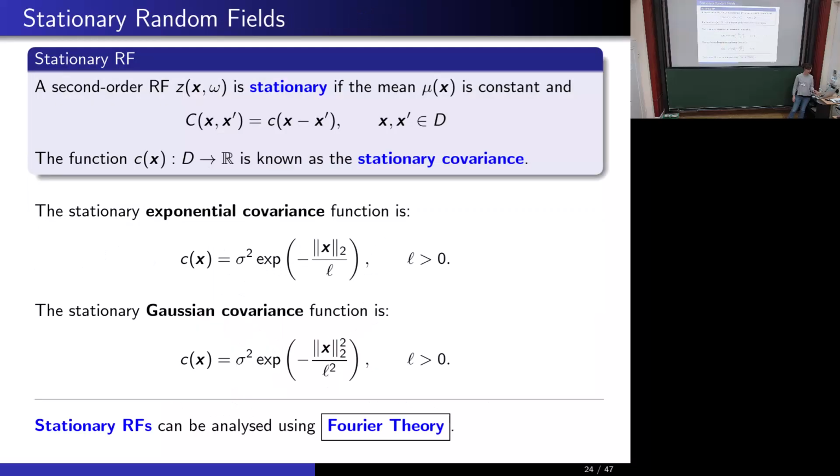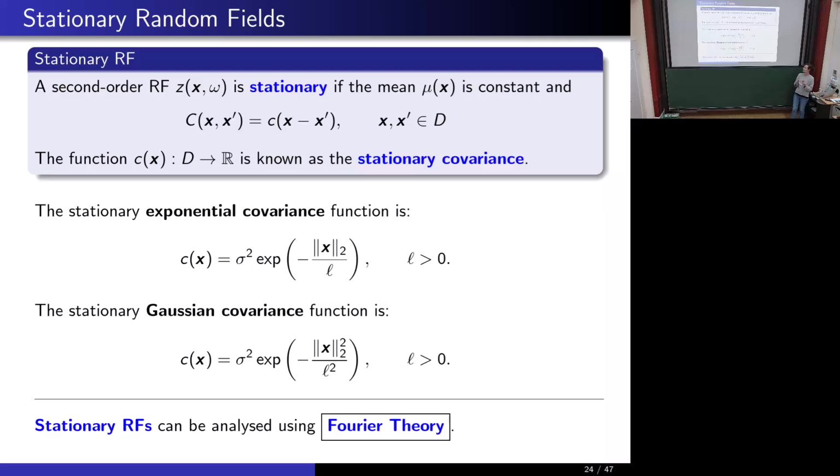If you noticed, all of the covariance functions that I wrote down were functions of the difference between the two points. Actually, some of them were functions of the L2 norm of the difference between two points. But we say it's stationary if it's a function of x minus x dash.